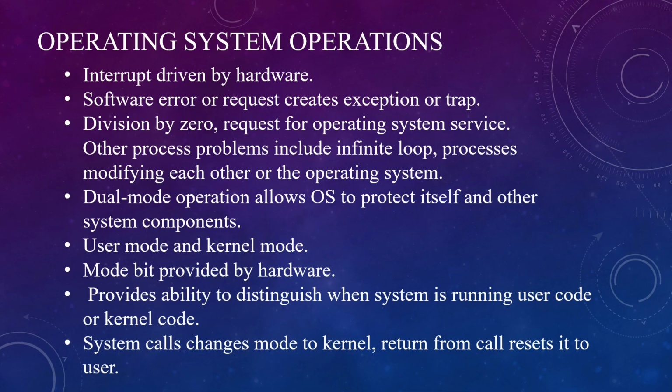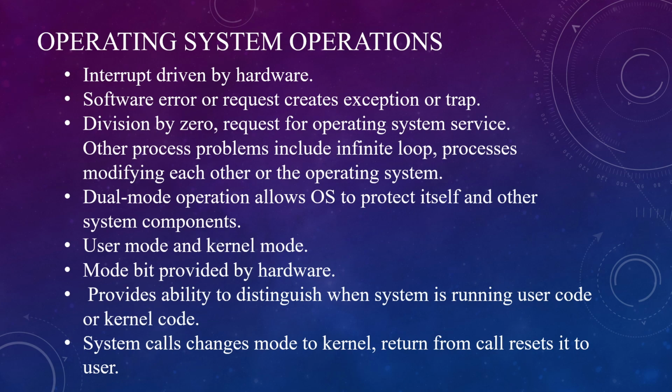In short, what is an interrupt? Interrupts are triggered by hardware to get CPU attention. Exceptions or traps are caused by software errors or system service requests. Infinite loops and unauthorized access are solved by dual mode operation, which provides system security using user mode as well as kernel mode.